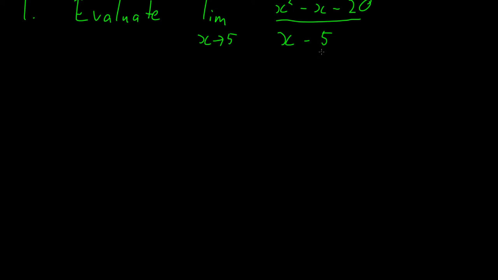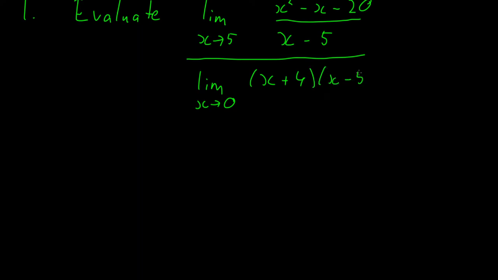So, what we have to do first is factorize the top, and we'll get this. To factorize this, it's a pretty easy one because we know it has to have the x minus 5 to cancel with it. So it'll be x plus 4, x minus 5, on x minus 5.